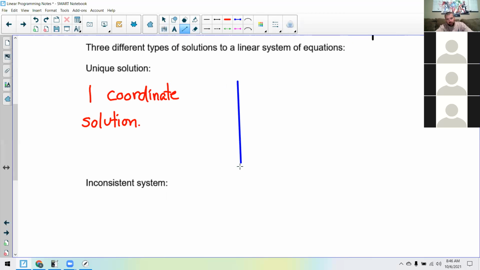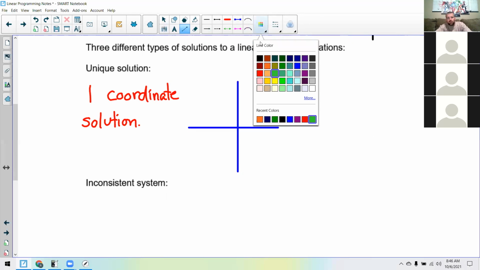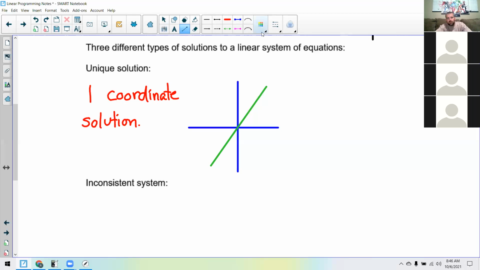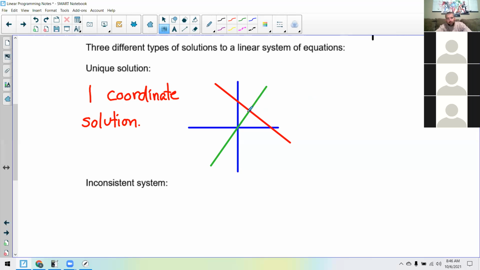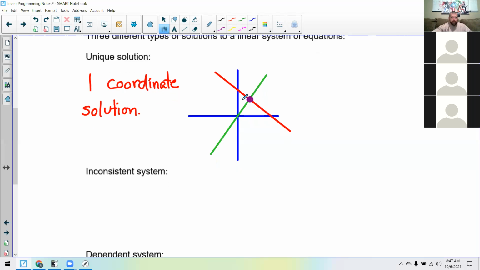There's my coordinate plane. Here's one line like that. Here's another line like that. And this is the solution right here. That's a unique solution. Just the one point where they cross.